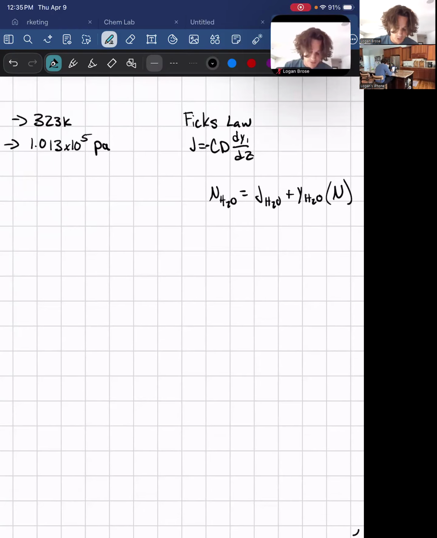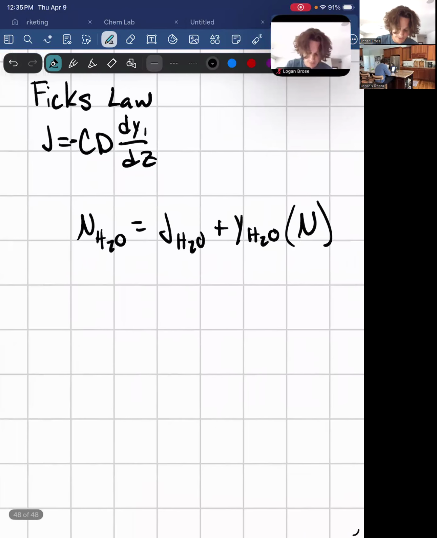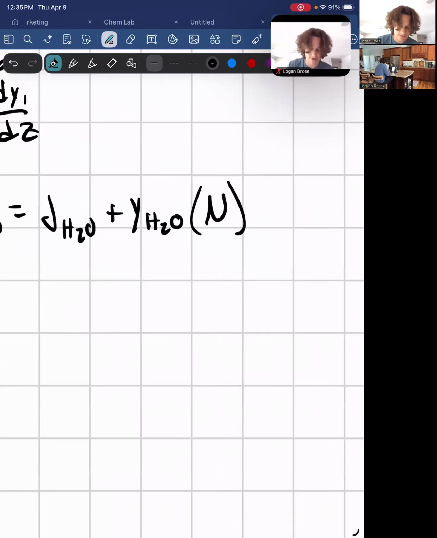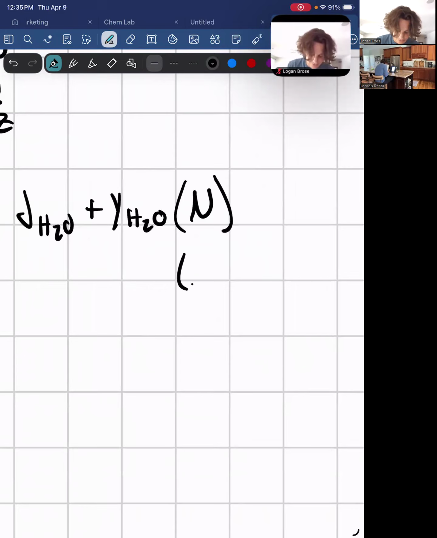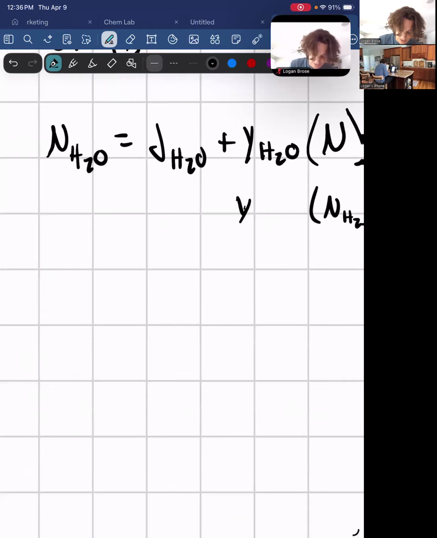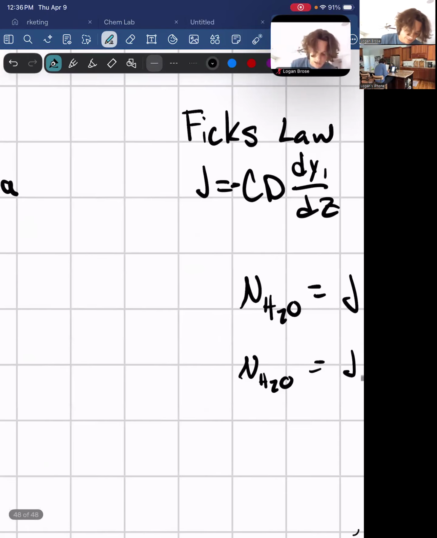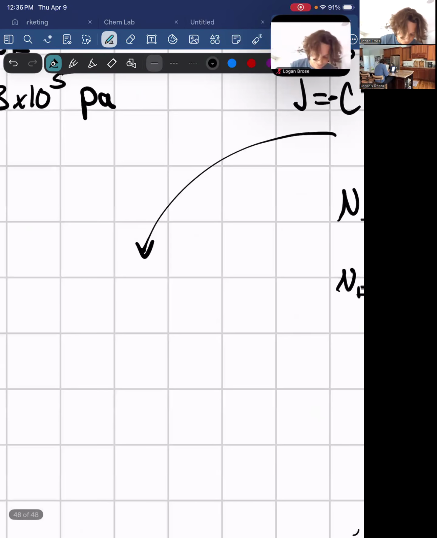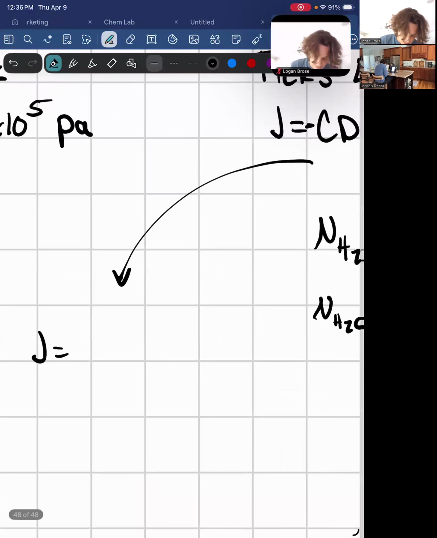And so where do we want to start here? Well, we can break this down a little bit. This N just equals NH2O plus NN2, right? We know that, so this is rewritten as YH2O times that plus JH2O equals NH2O. We can rewrite Fick's law down here. J equals minus P over RT, that's our concentration that we talked about in the last part, times D, dy, dz.